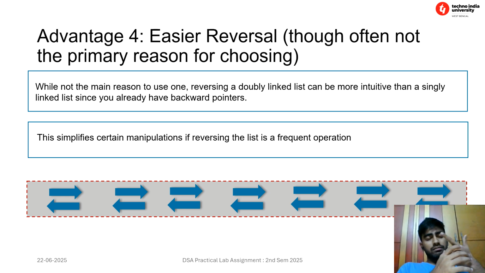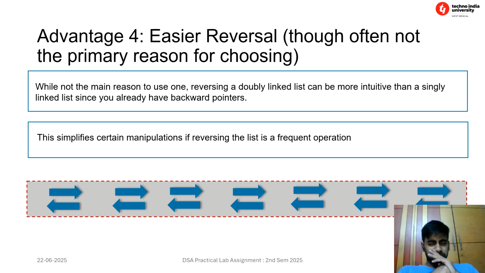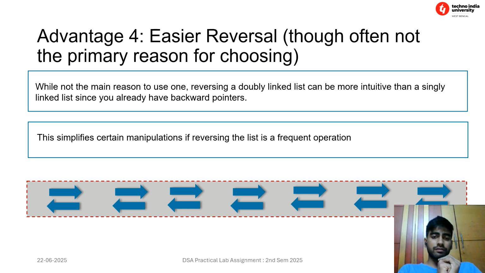In that case the bidirectional traversal property of a doubly linked list comes very handy, because using the previous pointer we can easily mirror the linked list. And yeah, so that was the fourth and final advantage of using the doubly linked list.